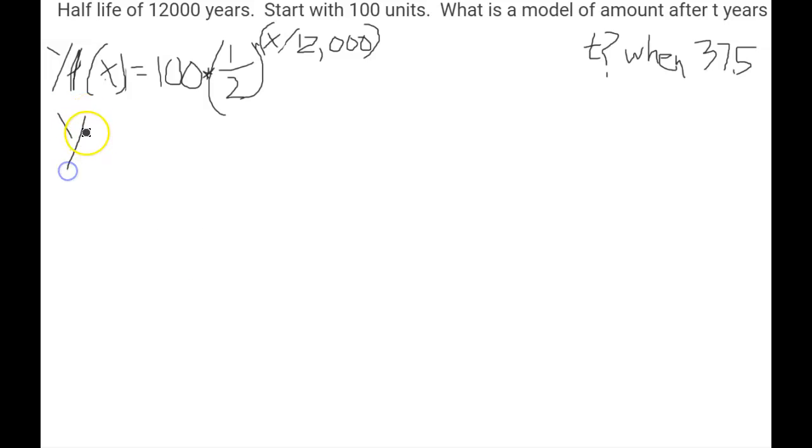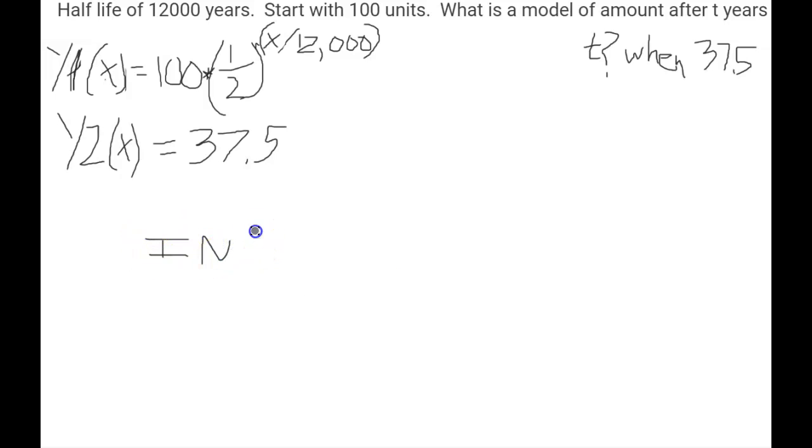Graph the solution you're looking for, and then you can graph them both, and you can use your calculator's ability to intersect. It's one of the functions that you can access while you're in that graphing mode. I don't know what letter it is, but I'll just say intersect.